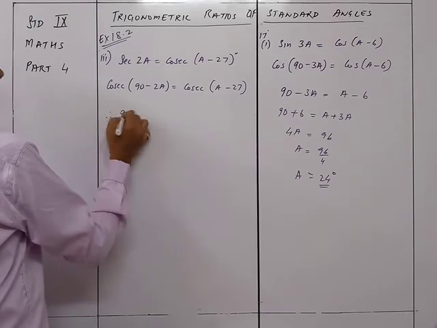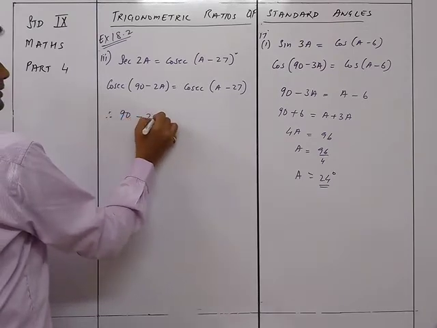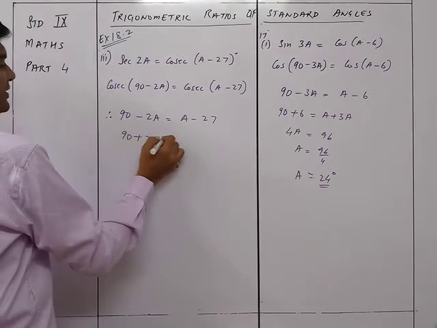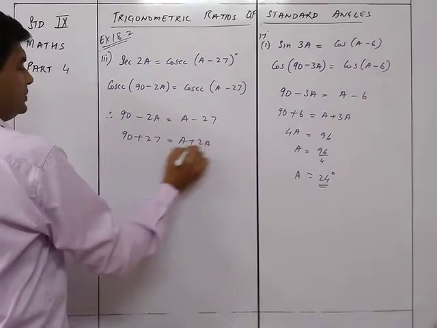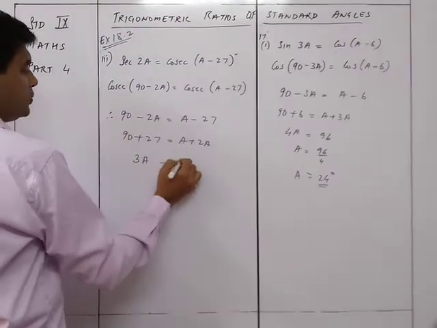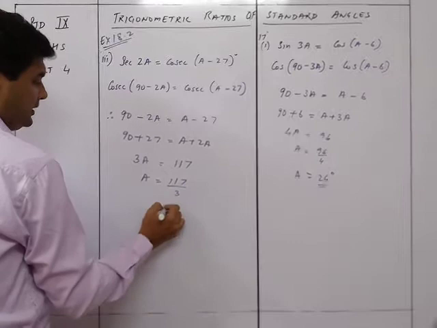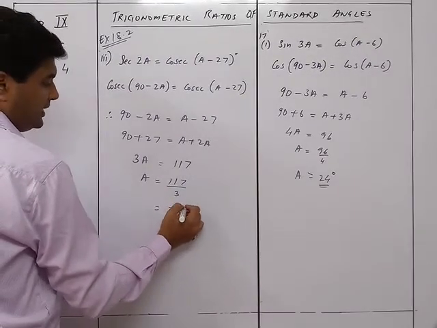Therefore 90 minus 2a is equal to a minus 27. So 90 plus 27 is equal to a plus 2a. So 3a is equal to 117. A is equal to 117 upon 3, which is equal to 39 degrees.